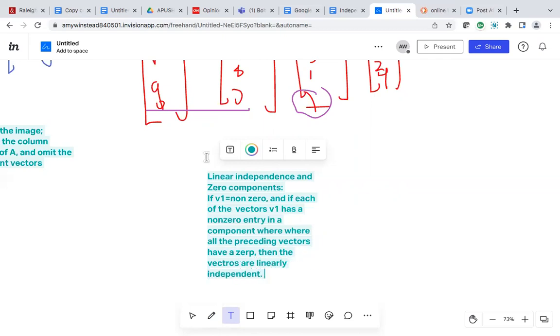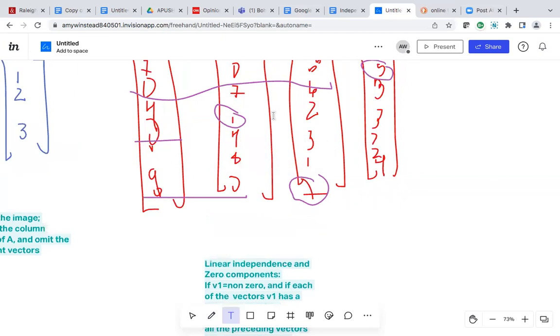Just another way of writing out what we just said. If you've got a non-zero component where all the other ones before that have been 0, then it's going to be linearly independent. Okay.